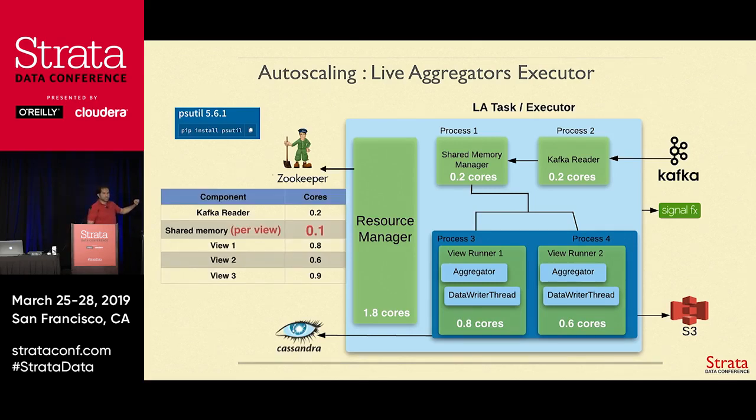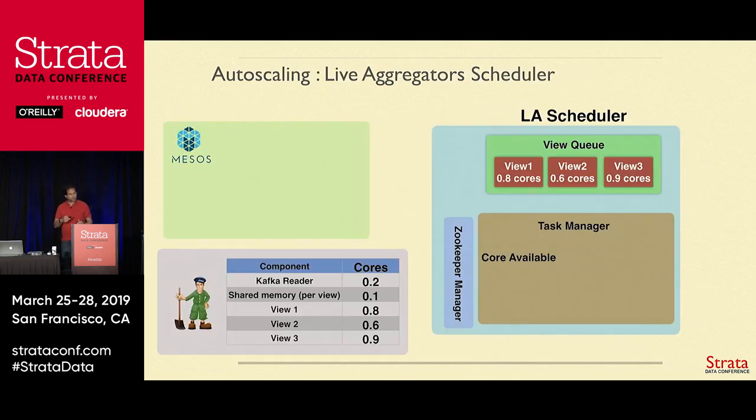The resource manager will keep track of all of these numbers and checkpoint them in Zookeeper, because it's very important for the Live Aggregator scheduler to take all these numbers into consideration when it's packing views into tasks. So I'll continue the previous example.